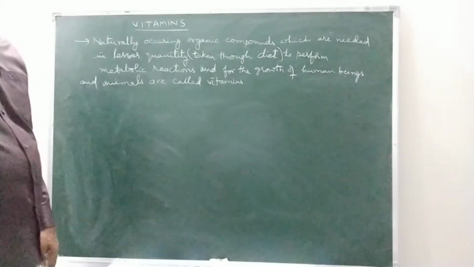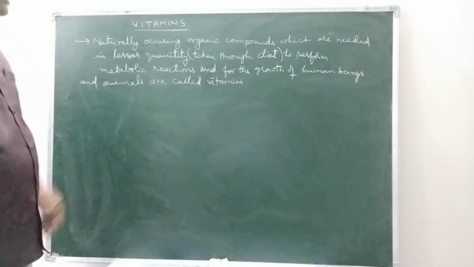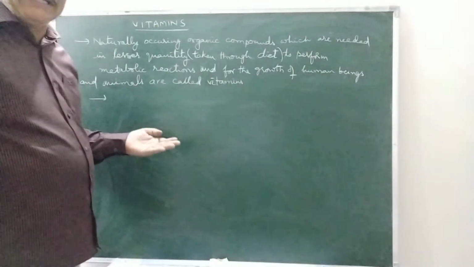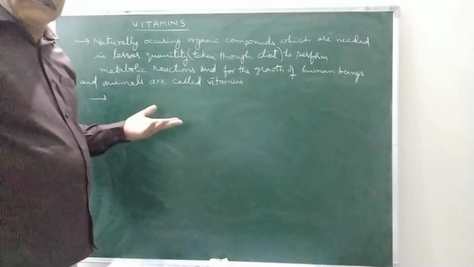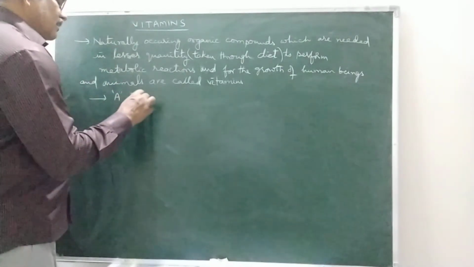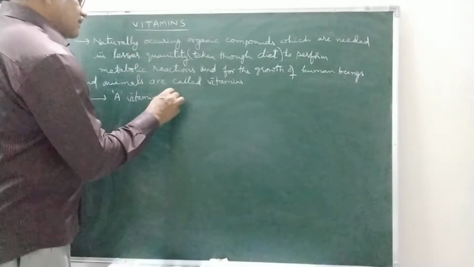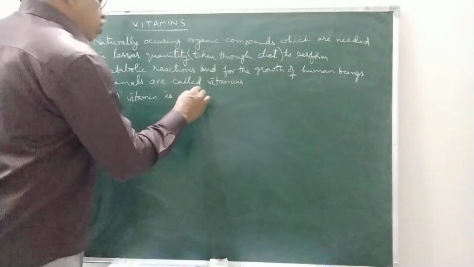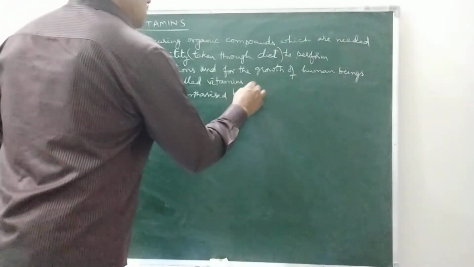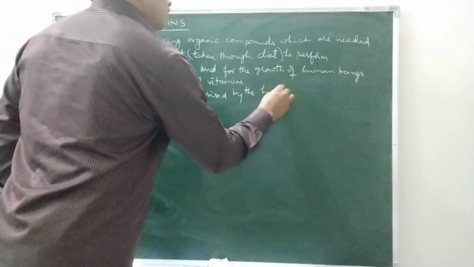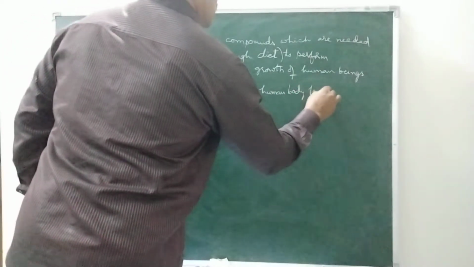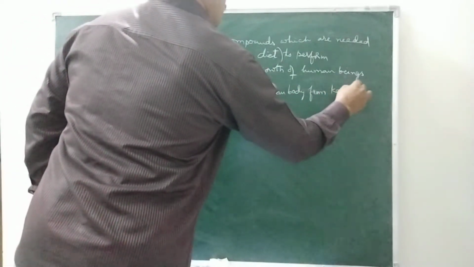Are called vitamins. Of course, these vitamins are designated by the alphabets A, B, C, D, E and K. Vitamin A is synthesized by the human body from keratin, which is obtained from carrots.